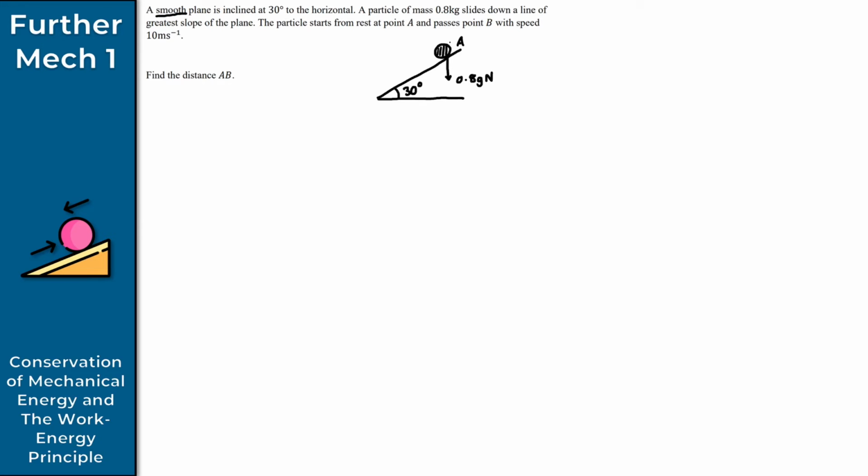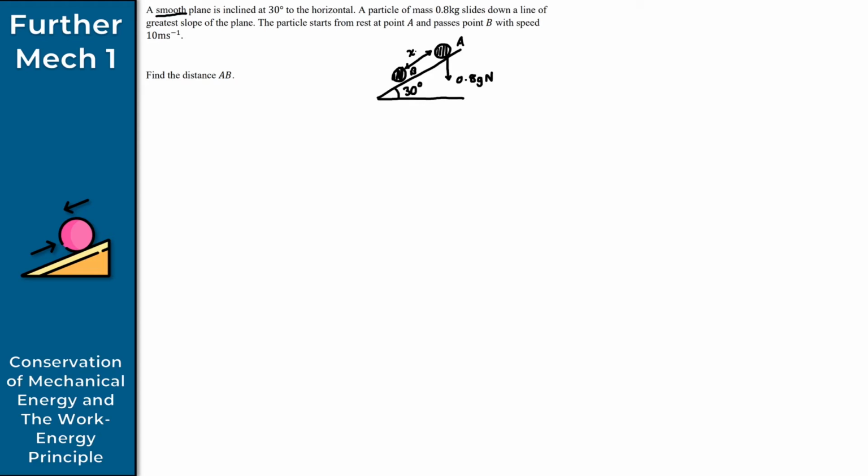Then particle A slides down the plane and reaches some point B. So let's say this is point B, which is my particle again. What I want to find is this distance in between.